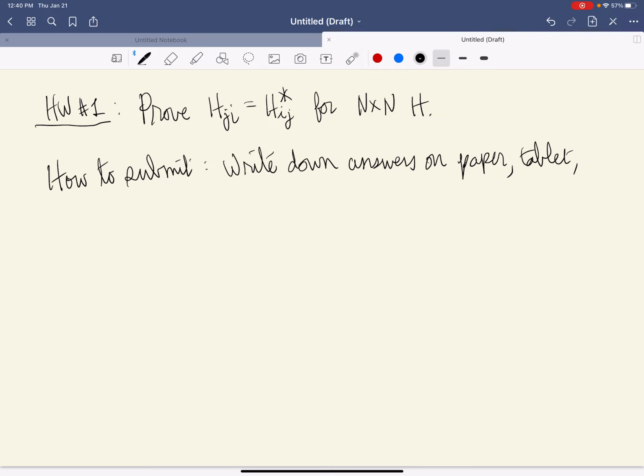And if your writing is done on a piece of paper, then take a CamScanner. Do not take a photograph. Or if you want to take a photograph, make sure that you run it through a filter so that the background becomes white again. Otherwise, I won't be able to recognize your handwriting at all.